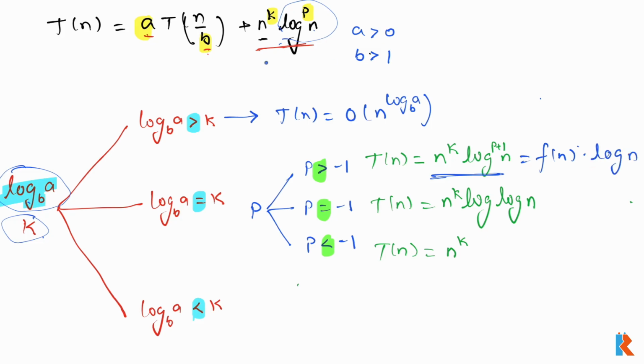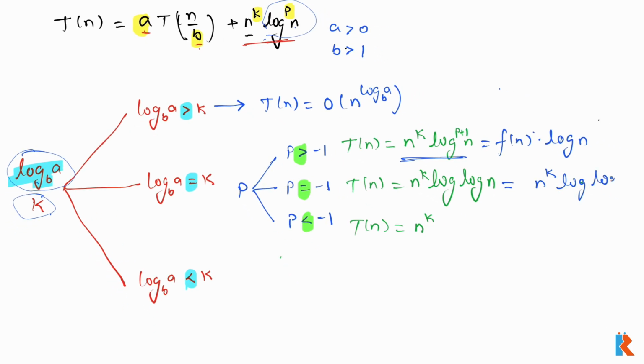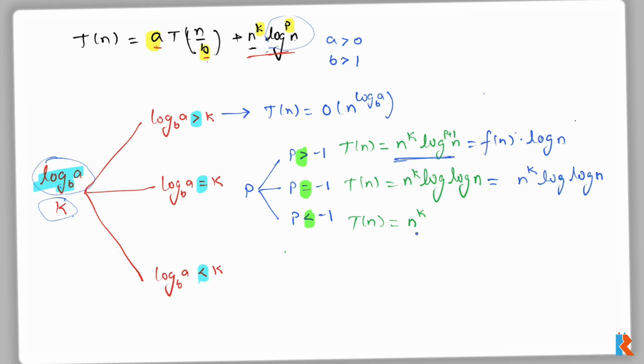If you have log n in the denominator in the function, then we will just ignore the denominator, keep the power of k and multiply log of n. And if you have a higher power of log n in the denominator, then just ignore the log n and only keep the power of n.